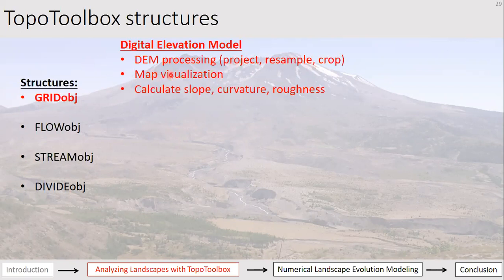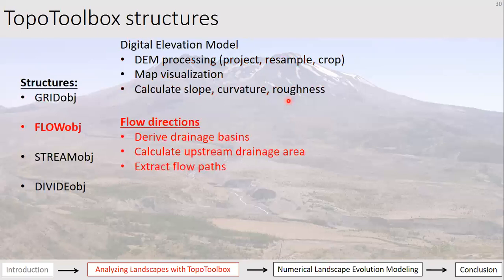Also, different map visualizations, as well as being able to calculate metrics such as slope, curvature, and roughness, and also a variety of other functionalities. Flow objects essentially store the flow direction of the topography, and these can be used to derive drainage basins, calculate upstream drainage areas, or extract flow paths.